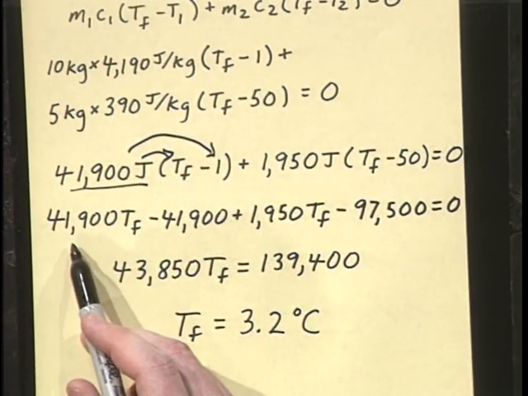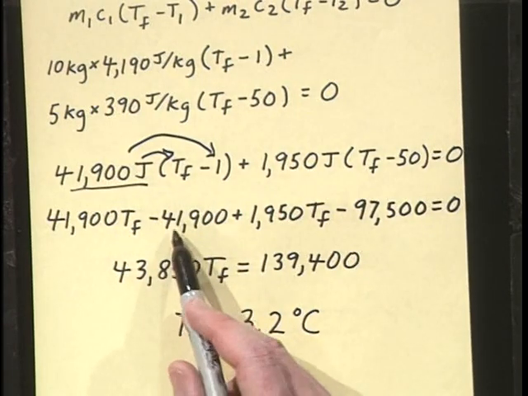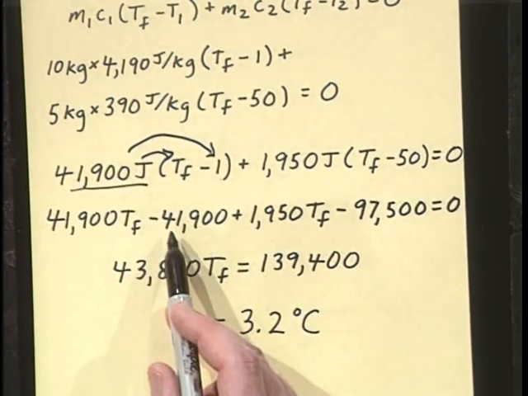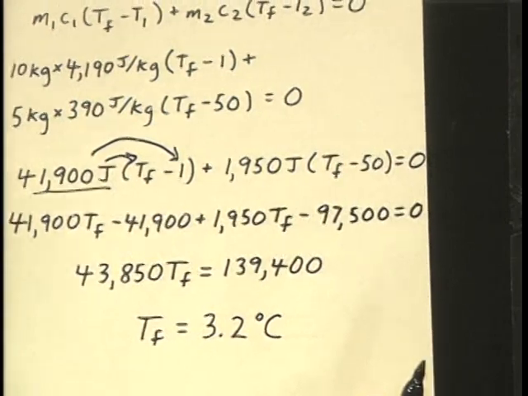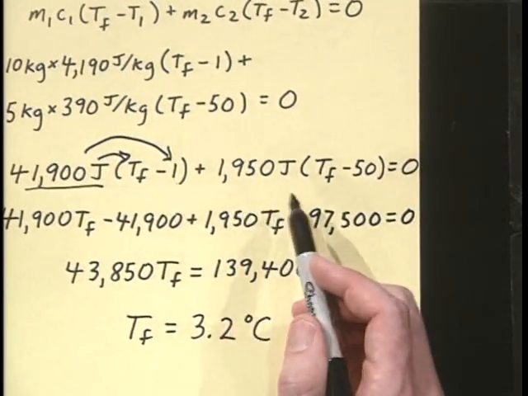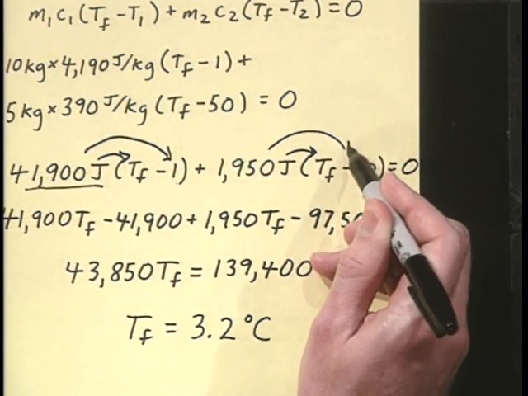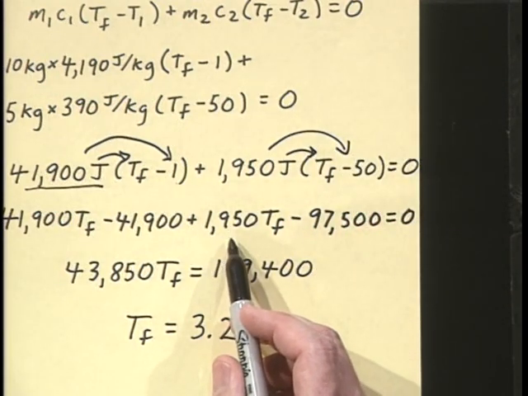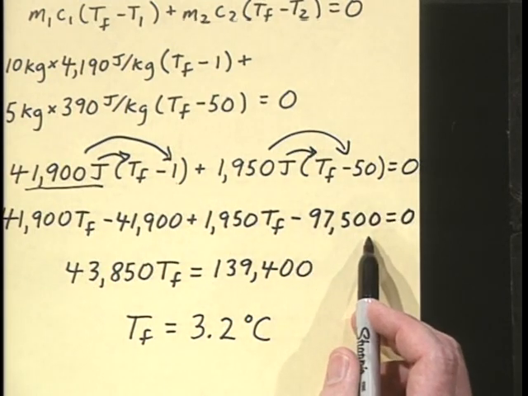When that's done, we have 41,900 TF minus 41,900, since 41,900 times 1 is 41,900. On our next term, we multiply these two terms out, and we're left with 1,950 TF minus 97,500.